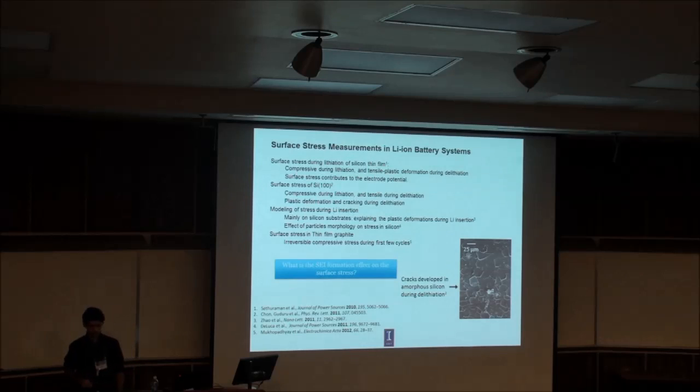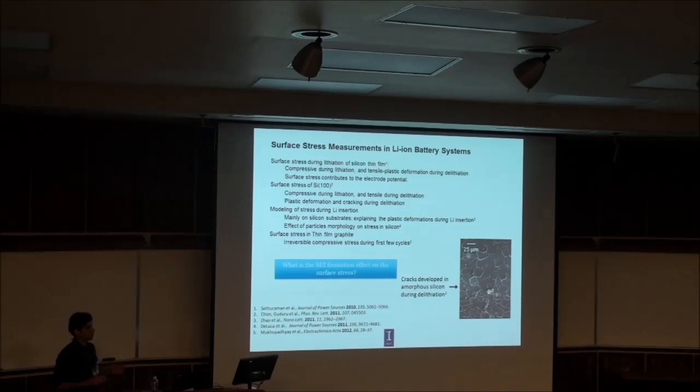Some other groups did studies with different methods on surface stress changes on lithium-ion battery anodes, especially on silicon. The important thing about silicon is that you have a big expansion as you put lithium in and out of the silicon substrate, so a lot of stress develops on the surface.